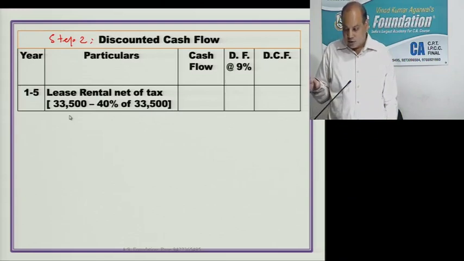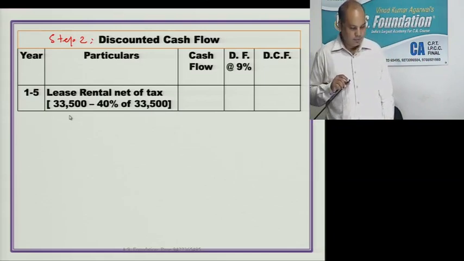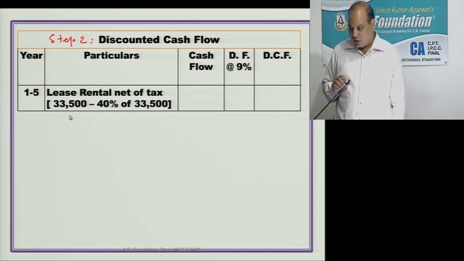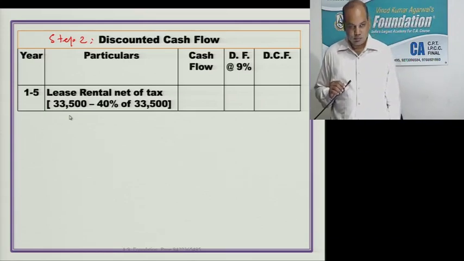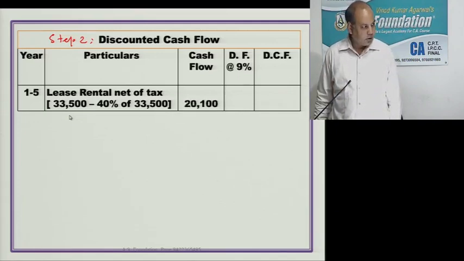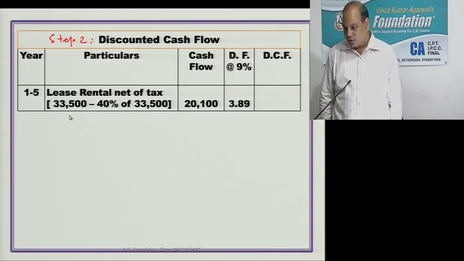If the lease rentals were paid in advance, then I'll write two lines. 33,500 minus 40%. How much is the net amount? 20,100. The discounting factor was already calculated in the previous answer.